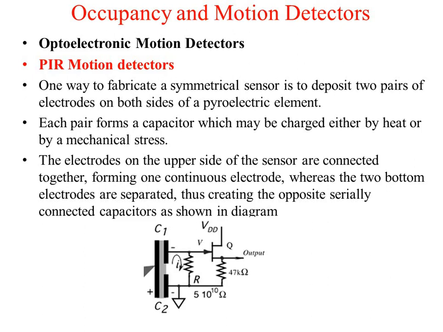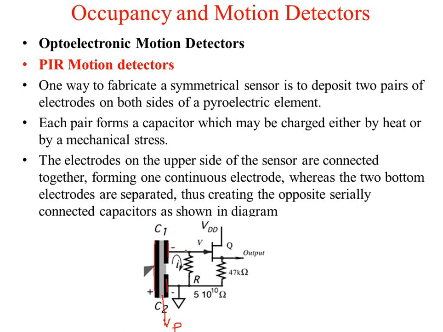So here you can see the example. This is the upper surface, this is the pyroelectric material, which will be expanding, and this is electrode 1 and electrode 2. So this will form C1 and this will form C2.